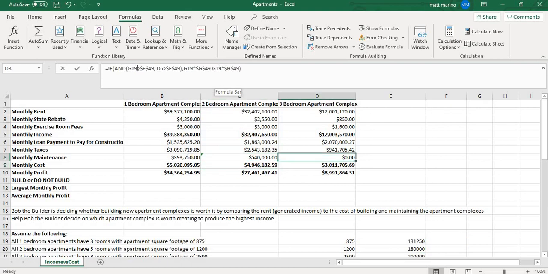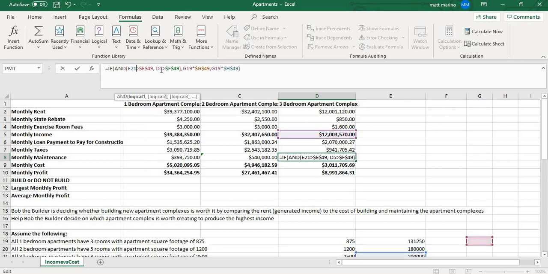Now we need to change our three-bedroom. You'll notice three instances of G19. All of them need to be changed to E21. D5 is perfectly fine. G19 is changed to E21. G19 is changed to E21.